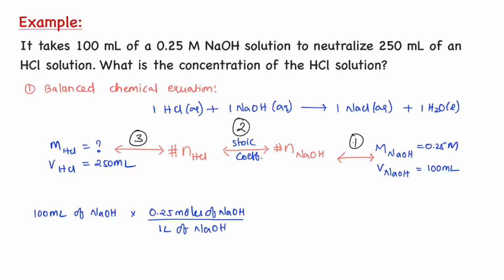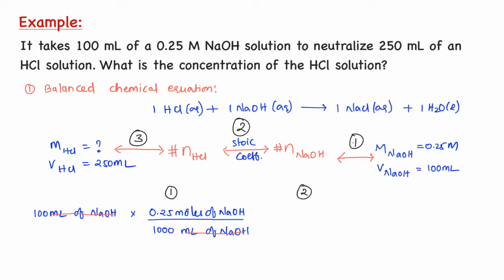And instead of 1 liter of solution, I will write 1000 milliliters of solution, so that I can cancel milliliter of solution and milliliter of solution in the numerator. And now my answer is in number of moles of sodium hydroxide.